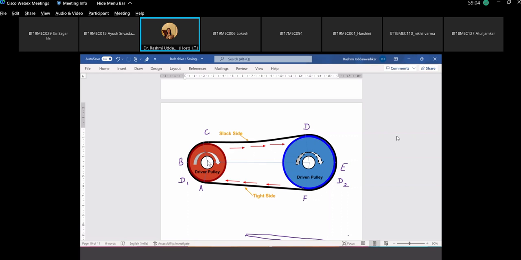The angle of overlap here, let this be theta 1, and the angle of overlap here, let this be theta 2.